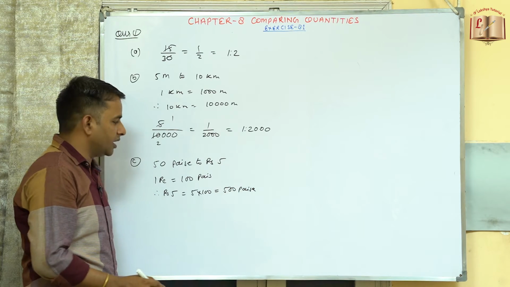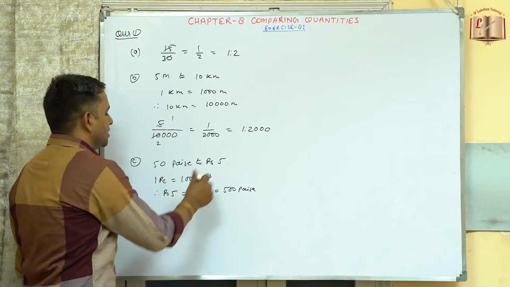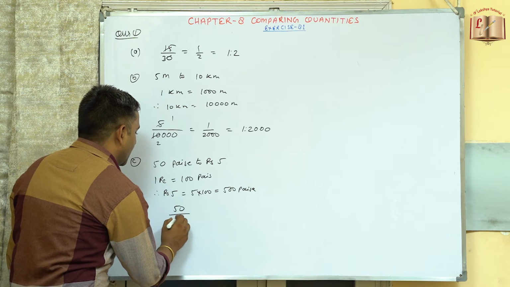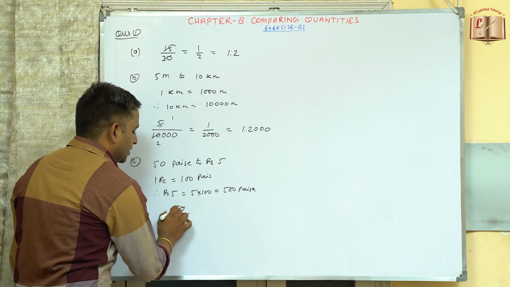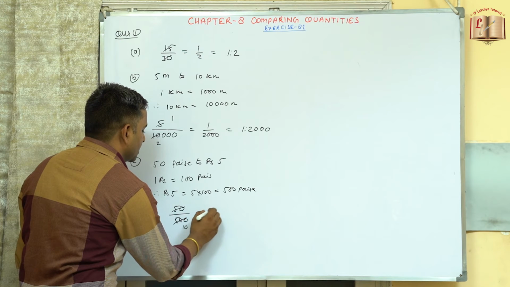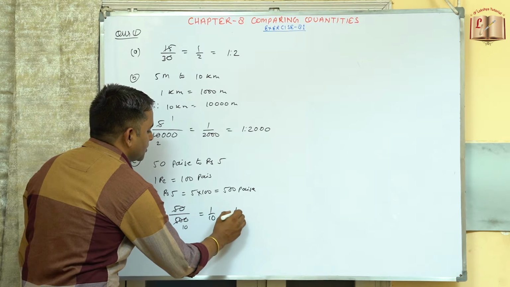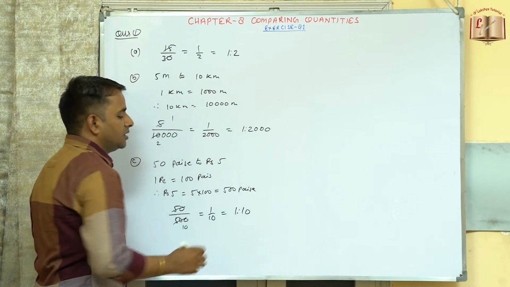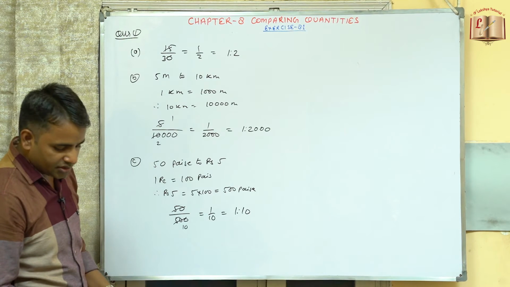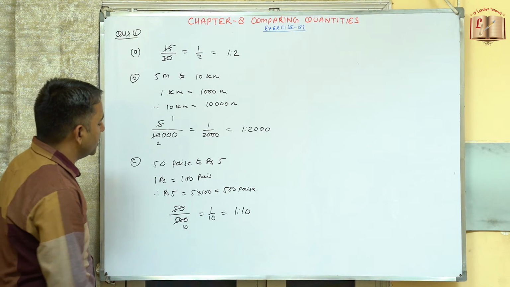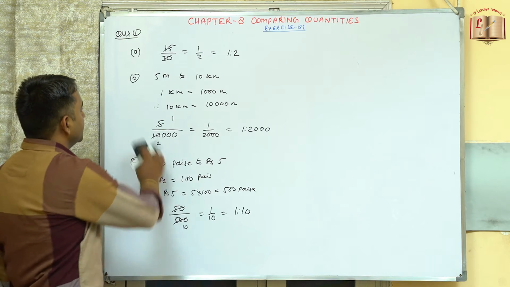So now we will find out the ratio. So this divided by this, so this will be now 50 divided by 500. So this 1 10. So this is now 1 by 10, means this is 1:10. So these are the ratios. So ratios calculate करने के लिए अभी हम क्या करेंगे, यूनिट्स को हमेशा सेम रखेंगे.